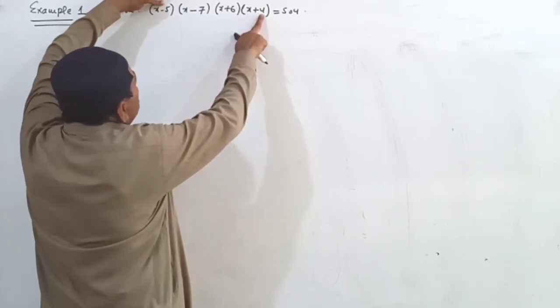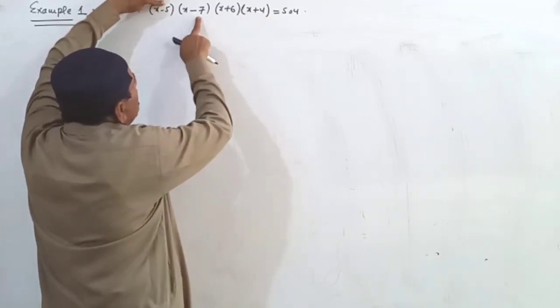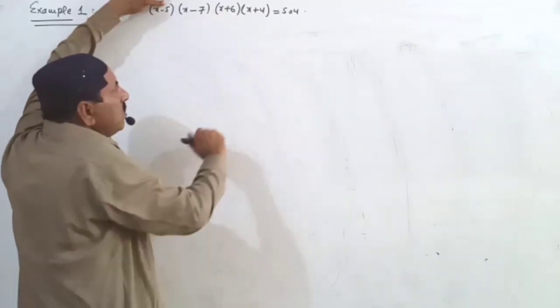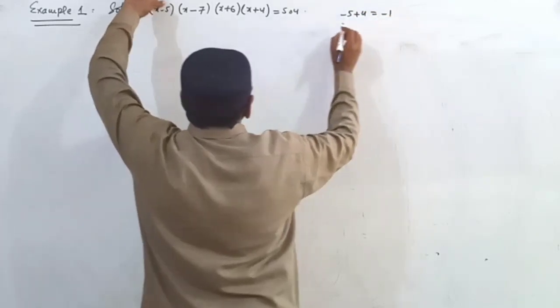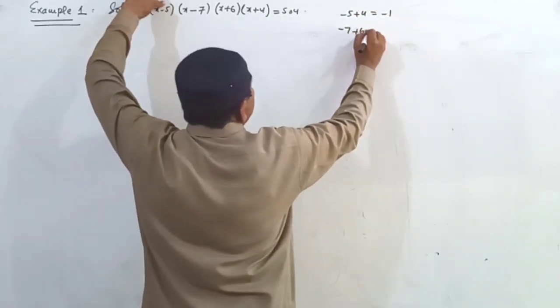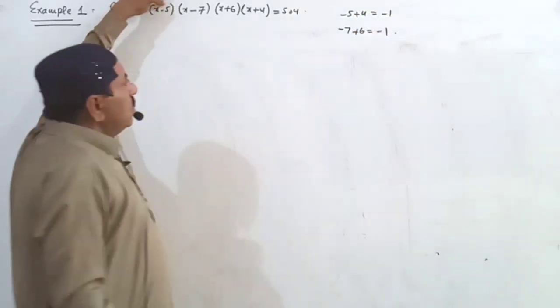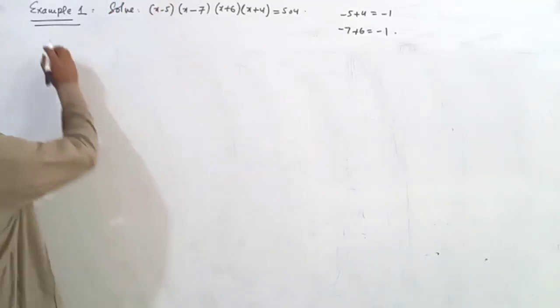The result is minus 1. Similarly, minus 7 and plus 6, the result is minus 1. So, we rearrange the factors.